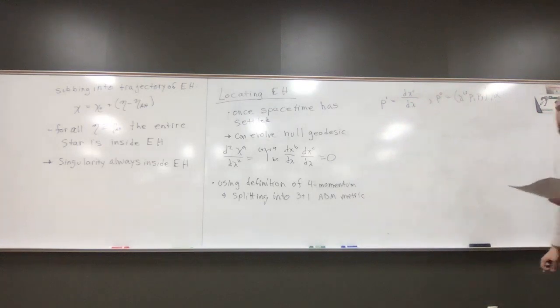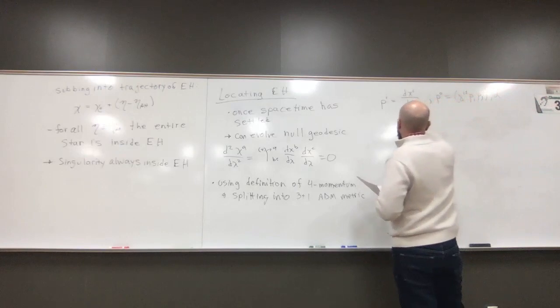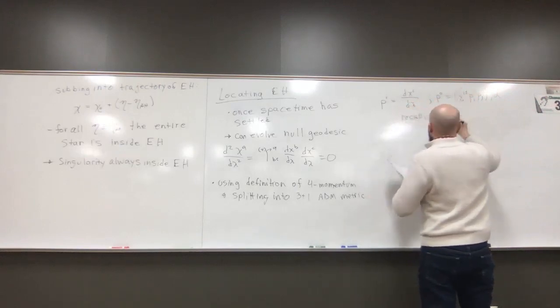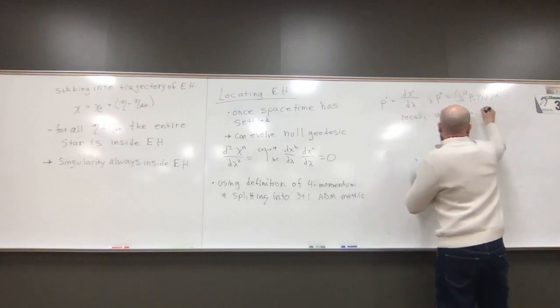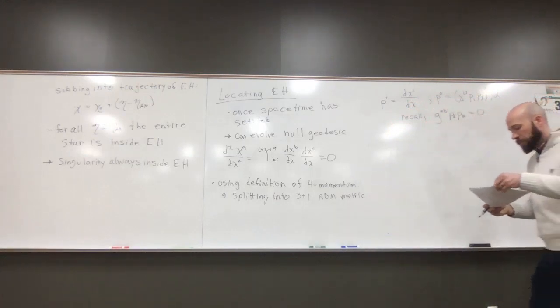That's just from the definition we had a long time ago for the 4-metric in 3+1. And recall, and I've used this in writing this down, g^ab p_a p_b is equal to 0, just by construction of the definition of the 4-momentum. Okay?